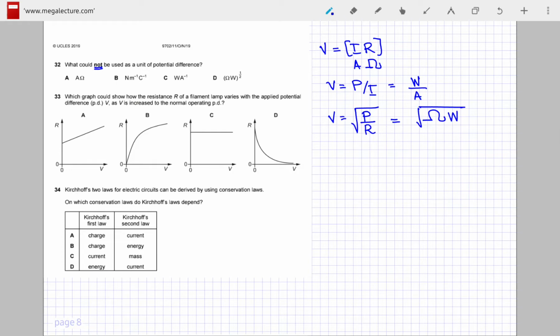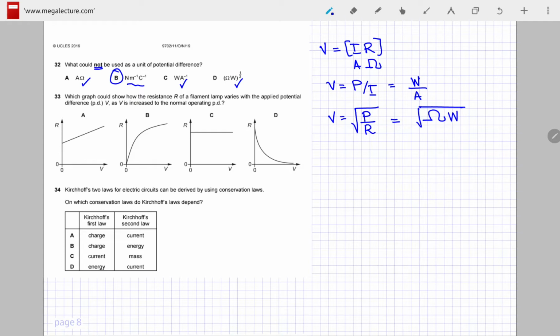Now we have amperes, ohms, right? So this one is true. We have watts per ampere, so this is true, and this is also true. What about this one? So this is not true, so this cannot be used as a unit of potential difference, so this is the correct option.